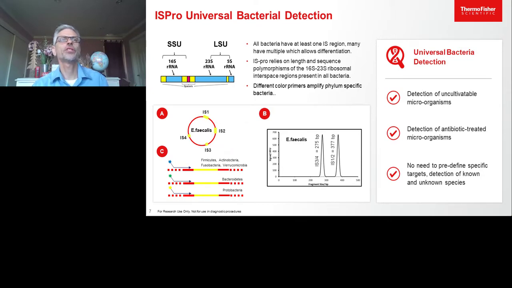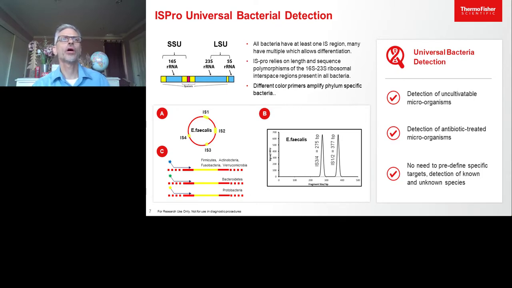It has 4 different interspace regions: IS1, IS2, IS3, and IS4. After amplification of IS1 and IS2, you get a 377 base pair fragment, and amplification of IS3 and IS4 produces a 275 base pair fragment. So each bacterium has an almost unique fingerprint when these interspace regions are amplified.